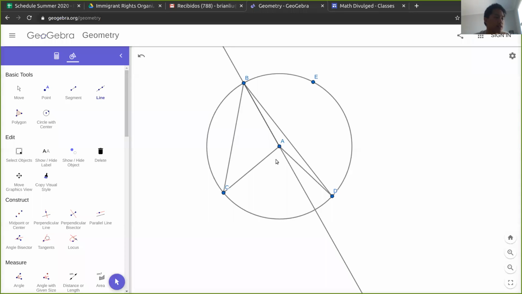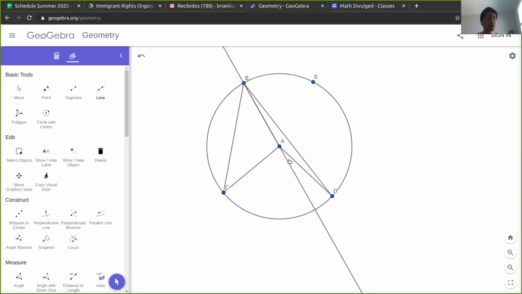So this is x, this is 2x. And similarly, if we call this y, then this is also y because this is isosceles, and this becomes 2y. So this is x plus y, and this is 2x plus 2y. So this angle right here is twice this angle.